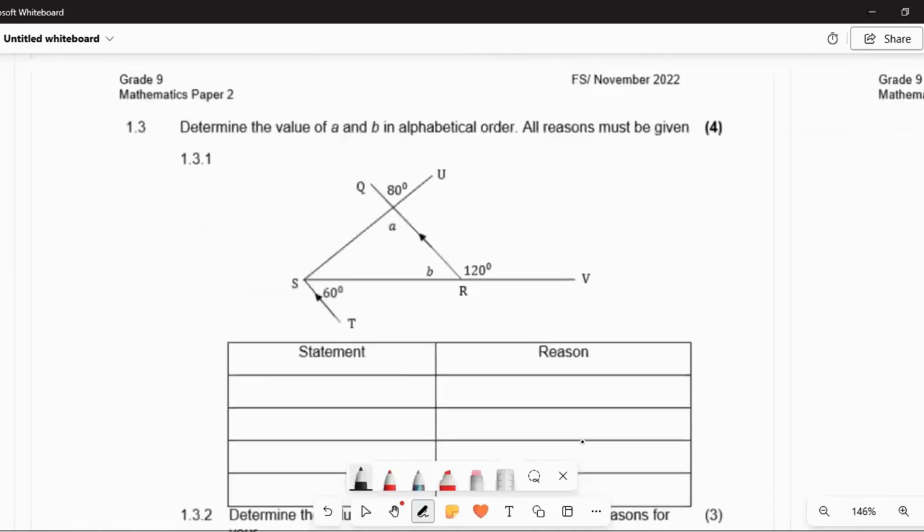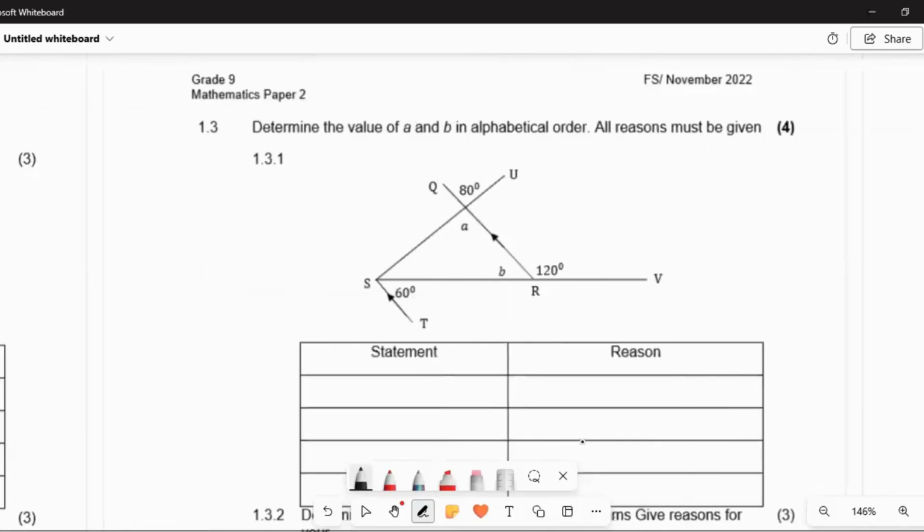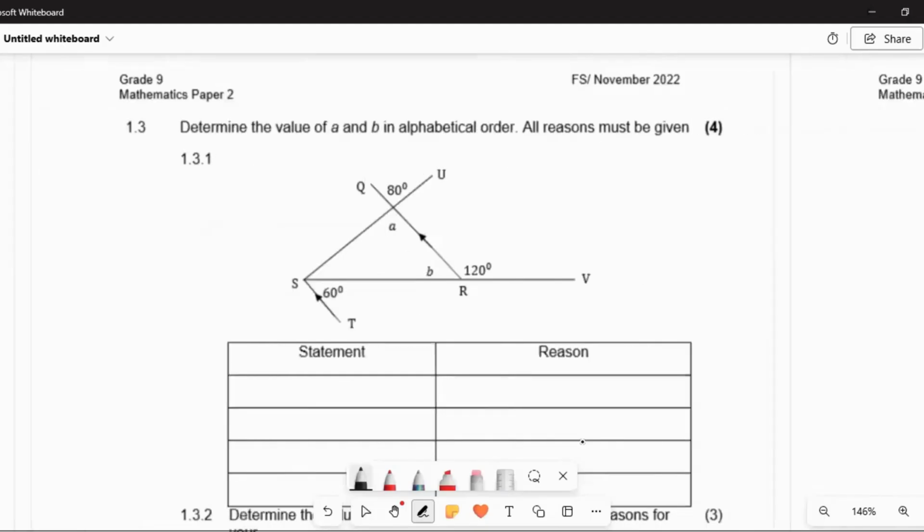And then we're coming to 1.3 now. 1.3, they're saying again to us, determine the value of A and B in alphabetical order. All reasons must be given. And then therefore, because alphabetical order, meaning we need to find A first before we find B, correct?